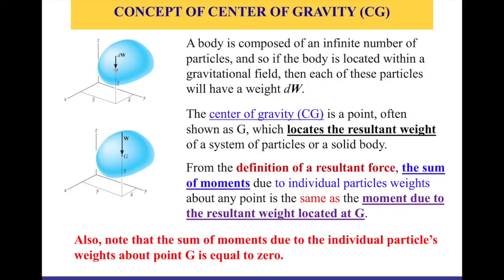So we talked about how the center of gravity can be located: it is the point where the sum of the moments due to the individual particles that make up a body is the same as the moment due to the resultant weight located at a point G. We also discussed in the previous video that the sum of moments due to the individual particle weights that make up the body about the point G, the center of gravity, should equal 0.